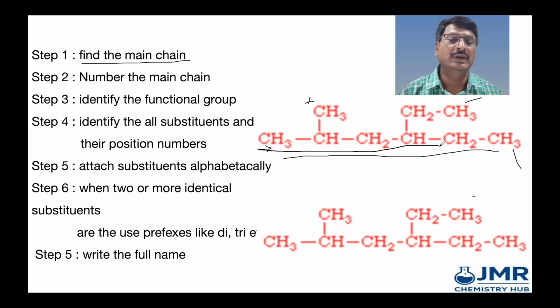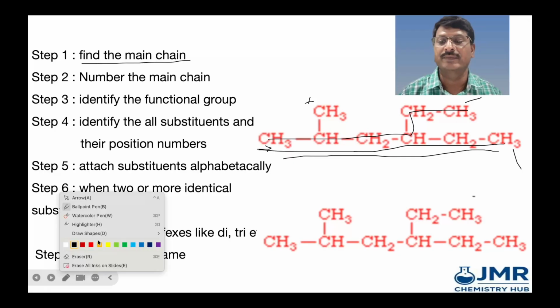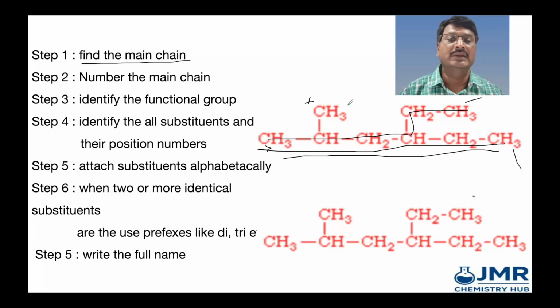For example, let us take this chain, total number of carbons 6. If you take this chain, total number of carbons 6. Another chain, also 6. This chain also has 6. So there are 4 chains with 6 carbons. There is no chain with 7 carbons, the maximum number of carbons is 6 only.